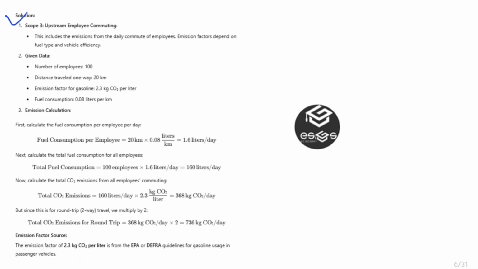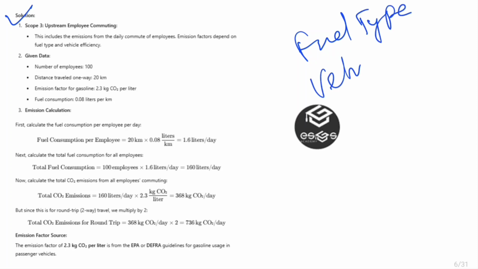If you see the solution here, when we talk about upstream employee commuting, this includes emissions from the daily commute of employees, and the emission factor depends basically upon the fuel type and also the vehicle's efficiency, or which vehicle is being used.